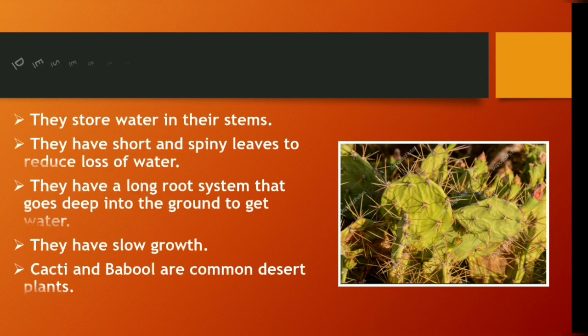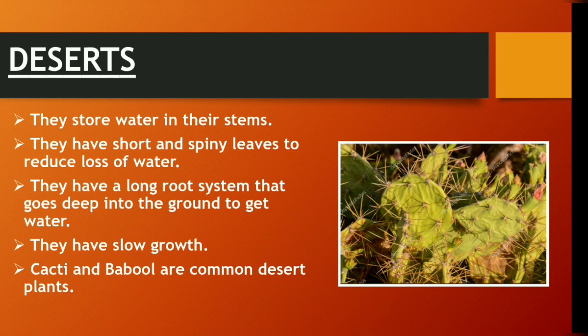Moving on to our next category, that is deserts. Now we all know cactus grow in deserts. They store water in their stem because there is scarcity of water, sufficient water is not available. That's why the cactus plant stores the water in the stem and becomes fleshy. They have short and spiny leaves to reduce the loss of water.